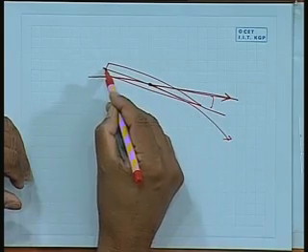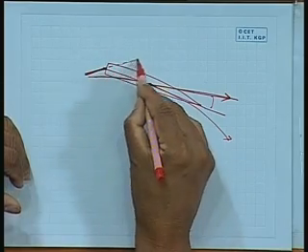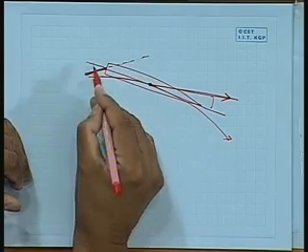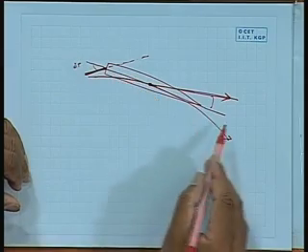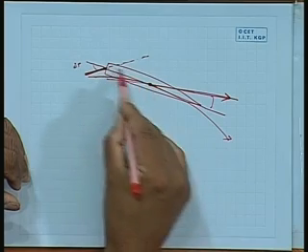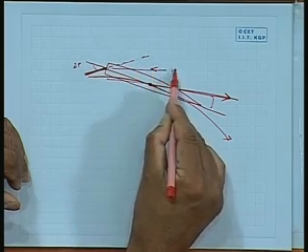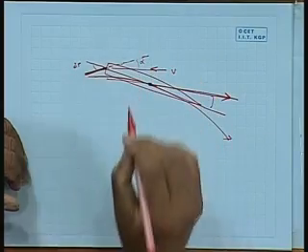The rudder is alongside this direction, so this angle is my rudder angle, but the flow comes to it parallel to the velocity, along this direction, V comes here. So this is my angle of attack.